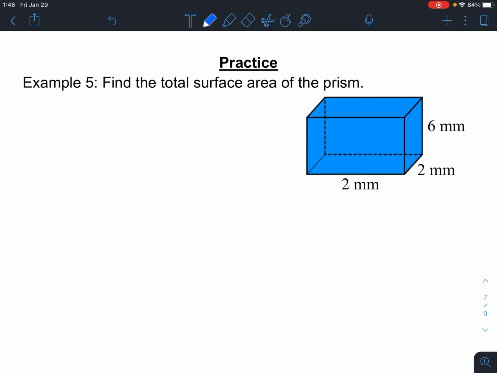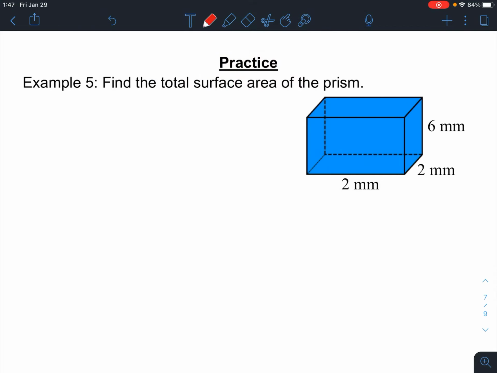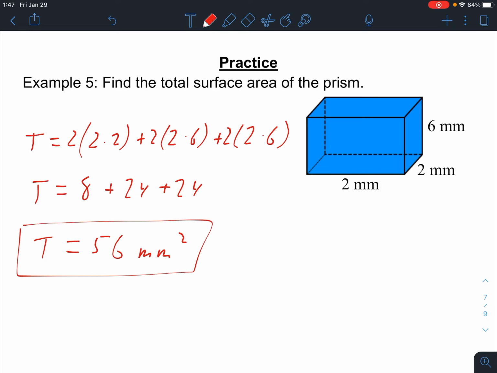But go ahead and try each of those 3 practice problems and come back when you're ready. All right, there's my work and answer for example 5.